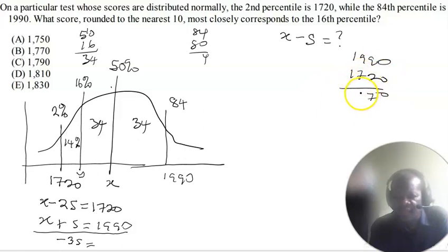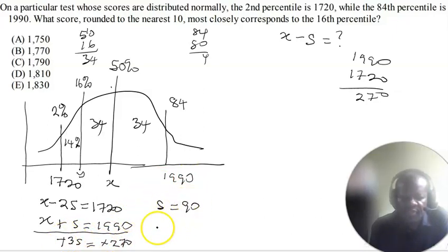So this will be minus 270. So from here, we know that s, which is the standard deviation, is 90.